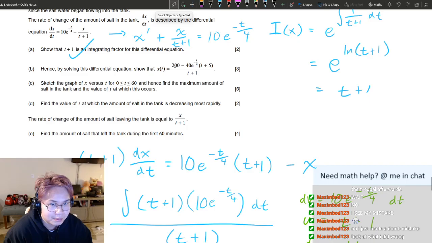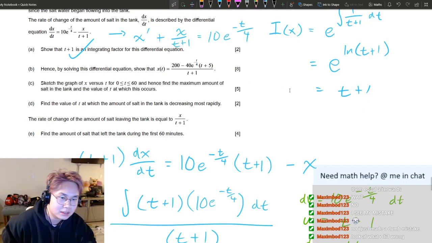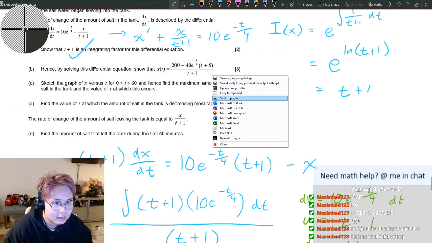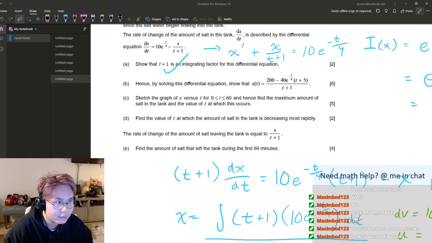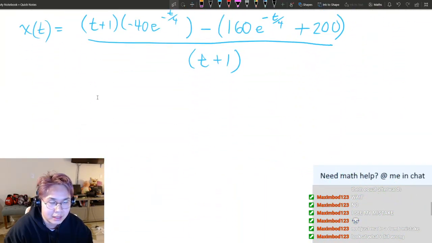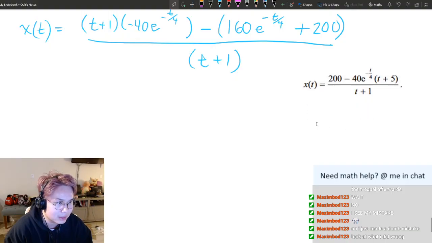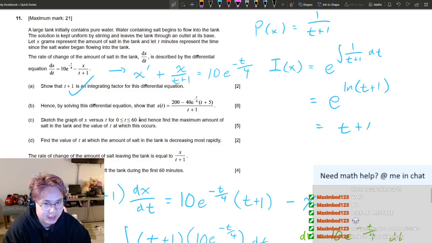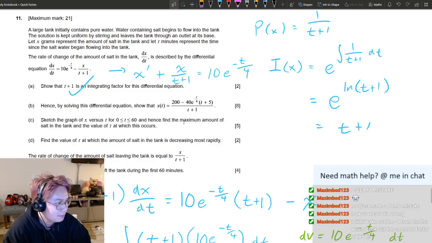So I'm just going to copy this so that I can use it down here, because we're probably going to use this to do some integration or something. Okay, sketch the graph of x versus t for 60 seconds. Find the maximum amount of salt in the tank.